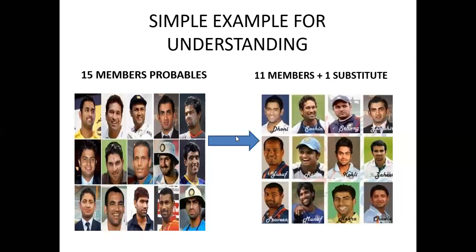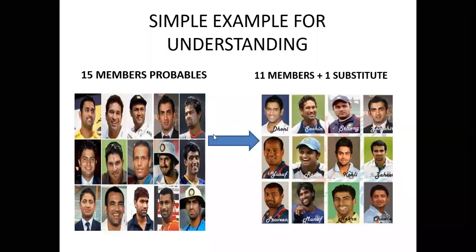And this example resembles your first one, that is nothing but unit commitment. Unit commitment means how many units you are selecting from the available units. Here also same thing. Total available persons are 15 members. Out of these 15 members, how many members we are selecting and which persons from the 15 members.